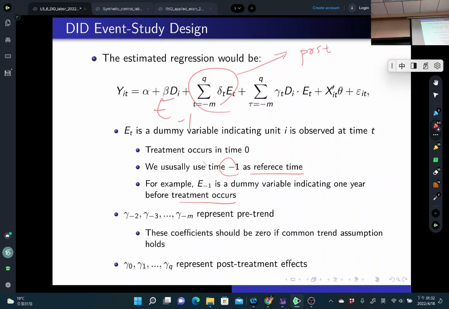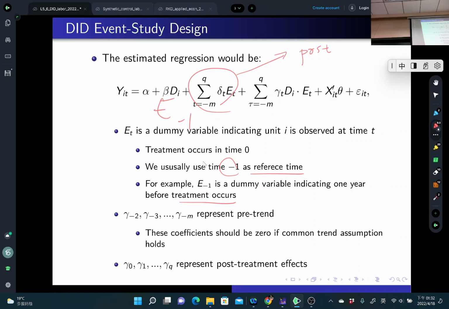Okay, so if we find the difference in outcome between treatment group and control group becomes very different compared with the difference at the reference timing, that means treatment might have some effect on your outcome. Okay. So that will be represented by its coefficients gamma 0, gamma 1 to gamma q.